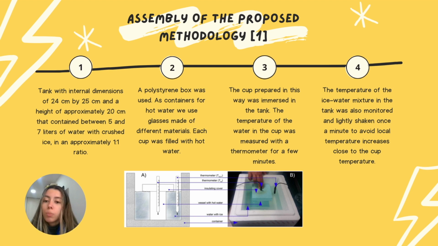We use glasses made of the different materials whose conductivity we are going to measure, and each cup was filled with hot water. The cup prepared this way was placed in the tank, and the temperature of the water in the cup was measured with the thermometer for a few minutes. And finally, the temperature of the ice water mixture in the tank was also monitored and shaken once a minute to avoid local temperature increases close to the cup temperature.